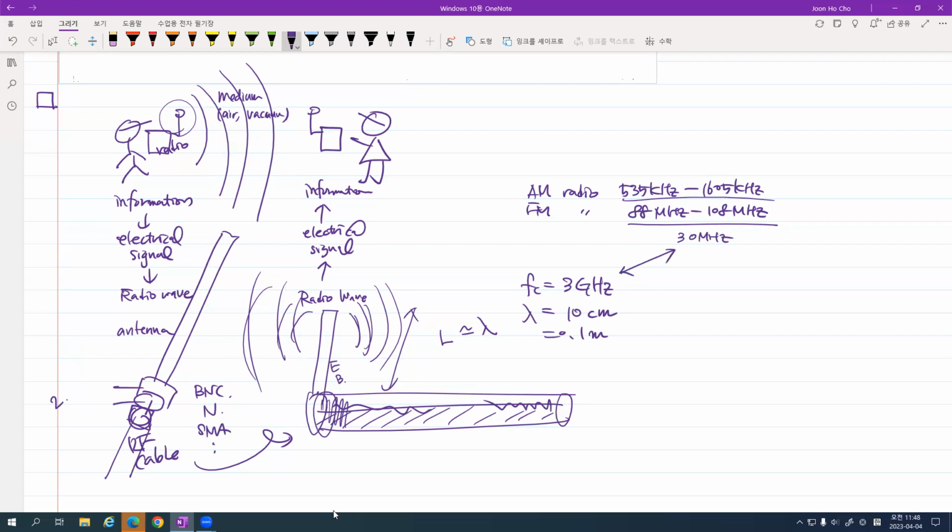Then how many times? 100 times, right? So there is a 100 times difference in center frequency, which means that if the center frequency is 30 megahertz, the wavelength is 10 meters.